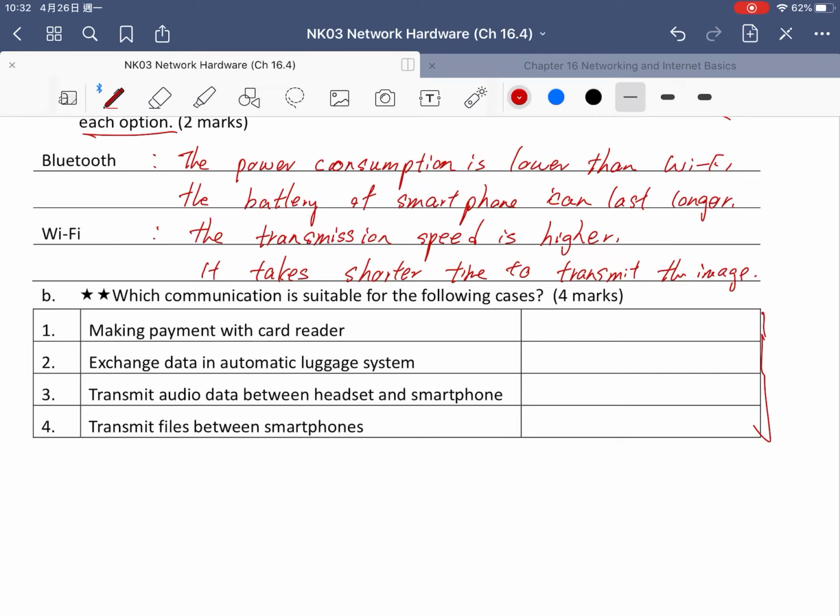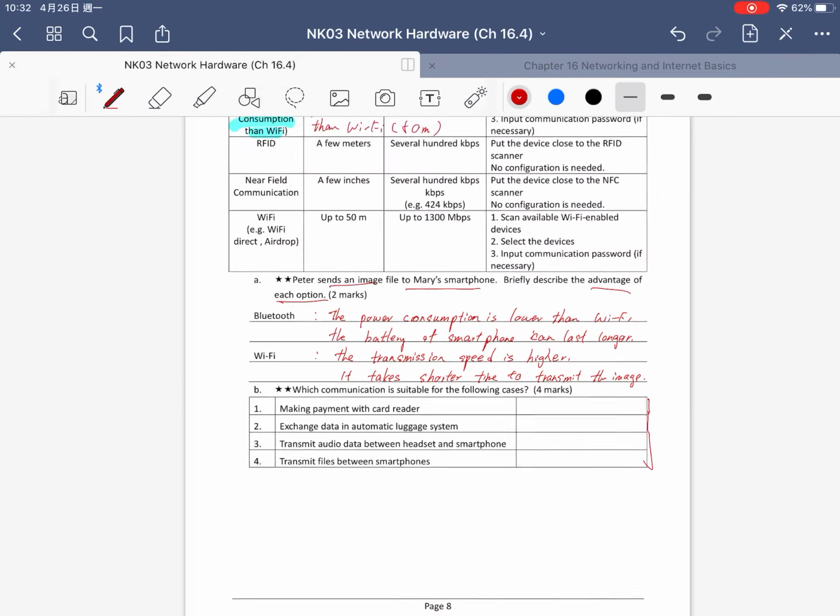So for the others, I think you can do it yourself, which is not difficult for you.